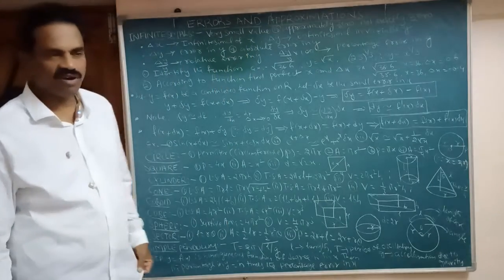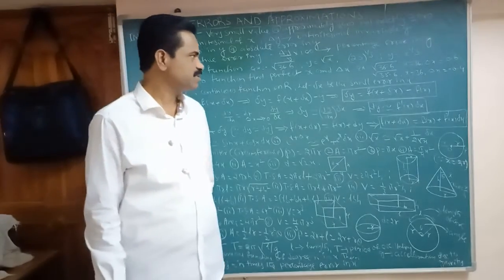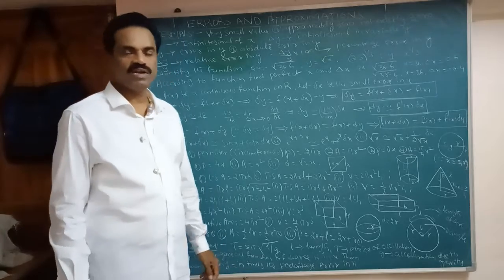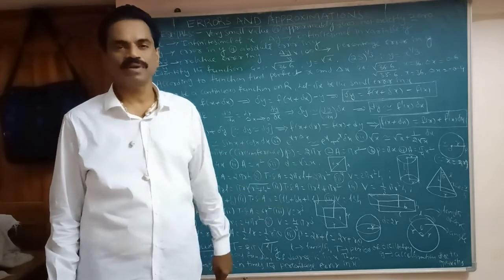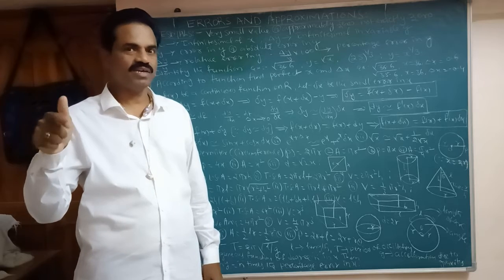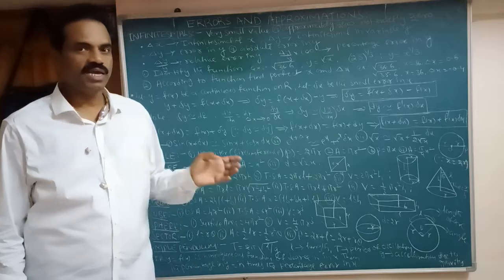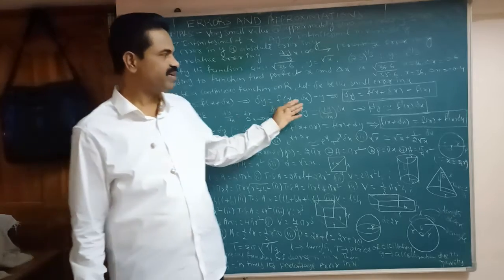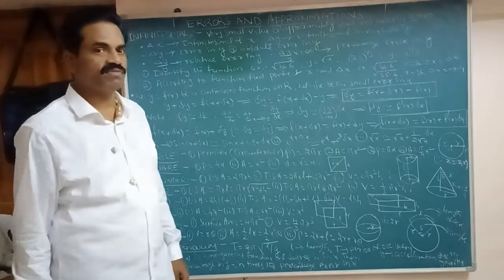Suppose y equal to f of x is a continuous function with a small error delta x in x. Then the error in y: y plus delta y equals f of x plus delta x, and y is the function f of x.